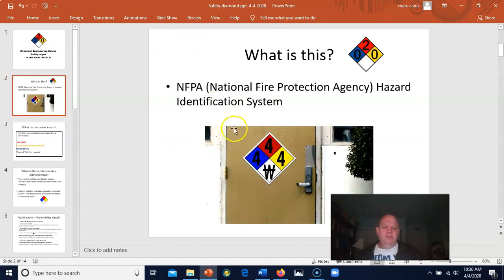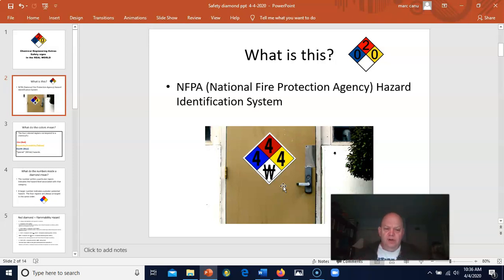When you look at the previous slide, you'll notice 4, 4, 4. So there's 4 for the fire, 4 for the chemical reactivity and stability, 4 for human health. And then you look here at the white diamond, you notice that it's got the W with the bar across it. What that tells firefighters, ladies and gentlemen, is that you don't want to use water.